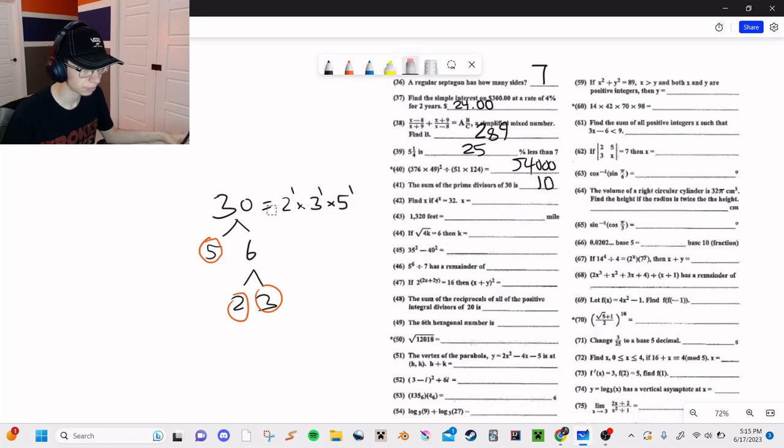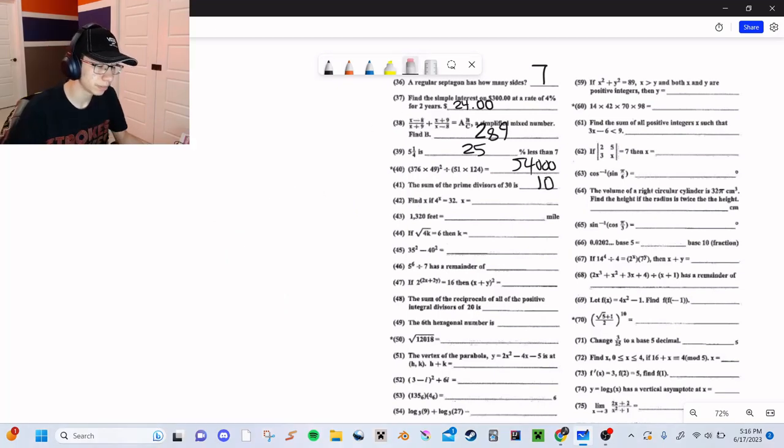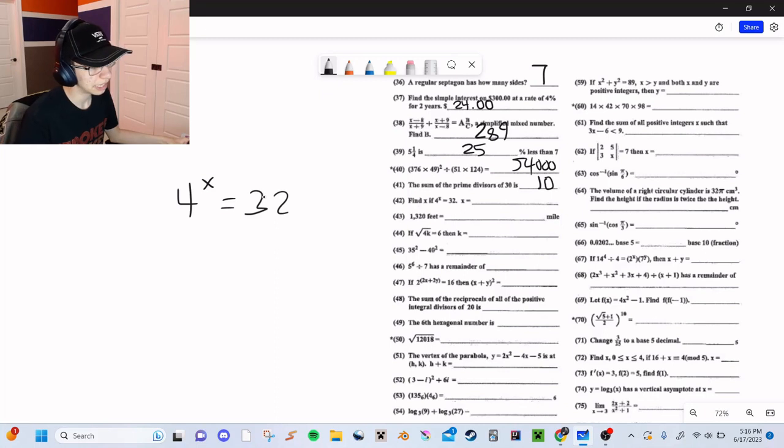So number 42. Find x if 4 to the x equals 32. So this takes a bit of algebra knowledge, so let's break this question down. 4 to the x is equal to 32.